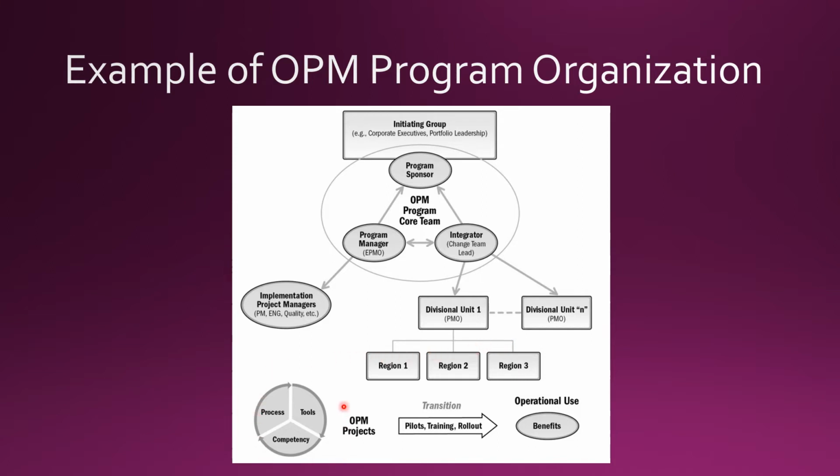And there is a process and tools competency which is used by OPM projects. There is a transition and there is an operational use. So this is an example of OPM program organization, and its roles can be defined largely like this.